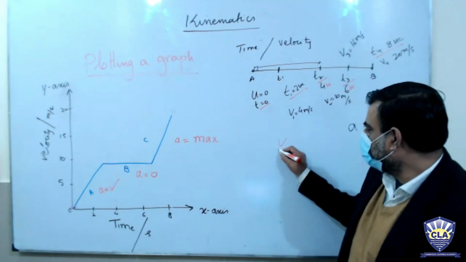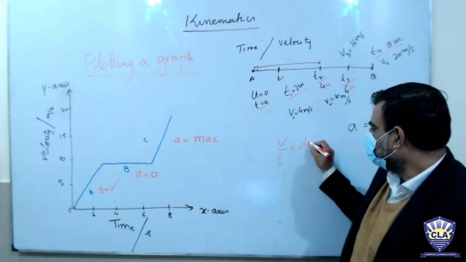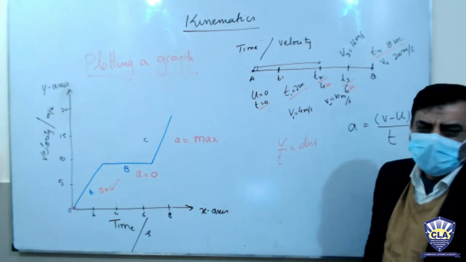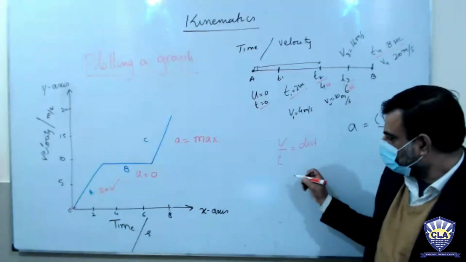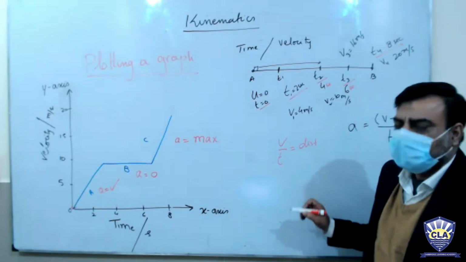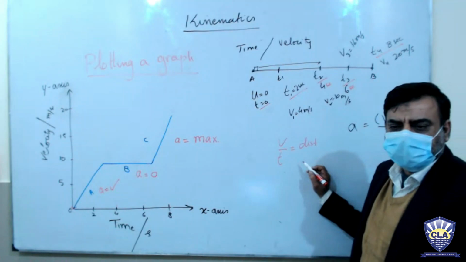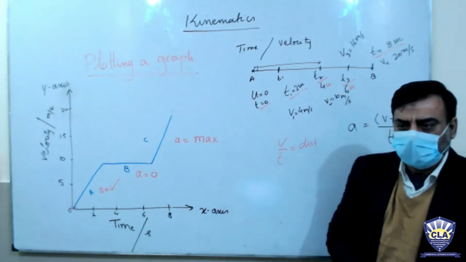Velocity over time is equal to distance. Is this a new formula? This is a new one for me also. No sir, that is wrong, it will be velocity multiplied by time. Sam is unable to understand Urdu, so it's better to speak a little English so that everybody is on board.